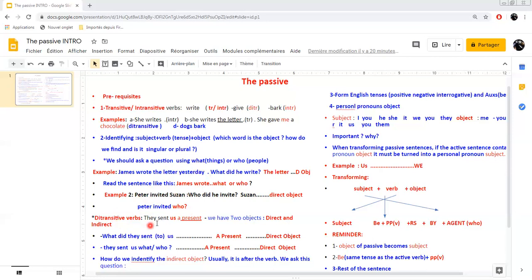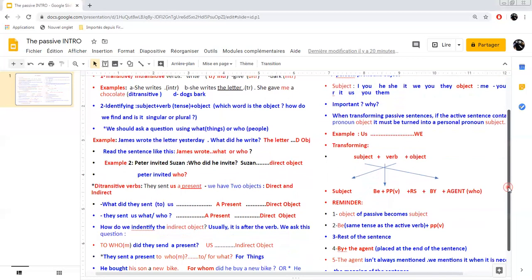But sometimes you may have verbs which have two objects, like this one here, sent. So we say, they sent us a present. So we have two objects here, direct and indirect.